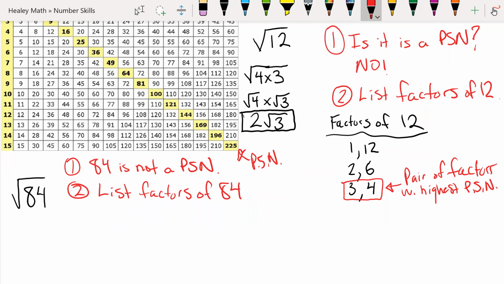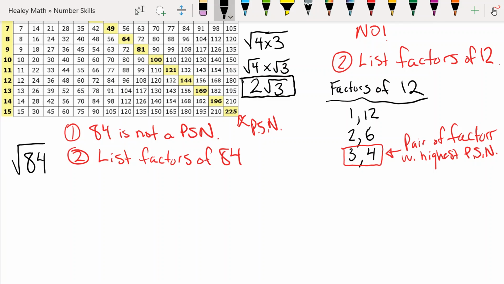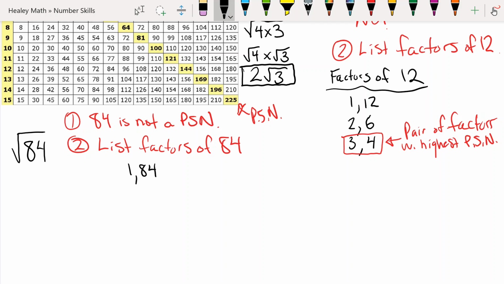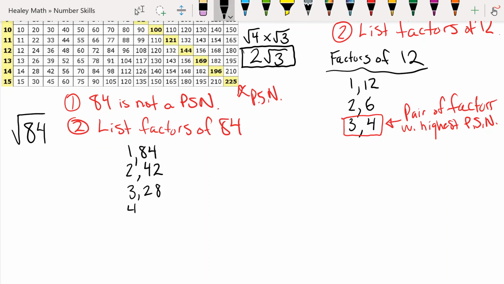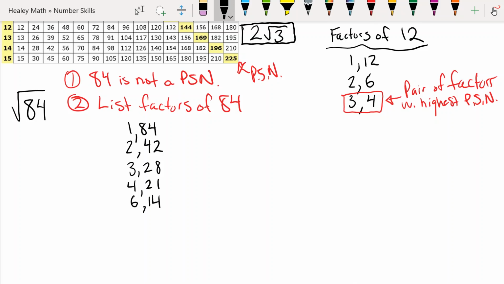And if we list the factors of 84, we know that we have 1 and 84, 2 and 42, 3 and 28, 4 and 21, 6 and 14, and 7 and 12.